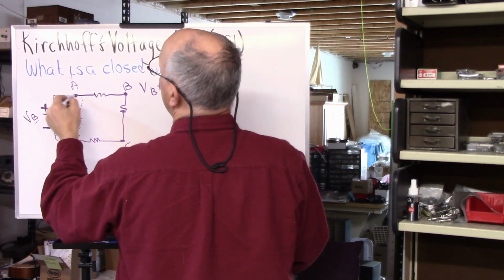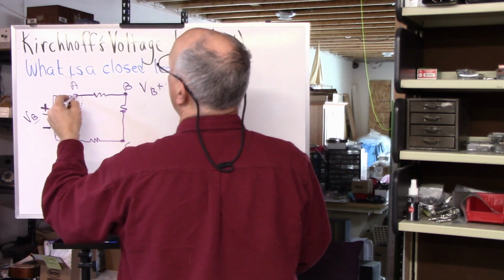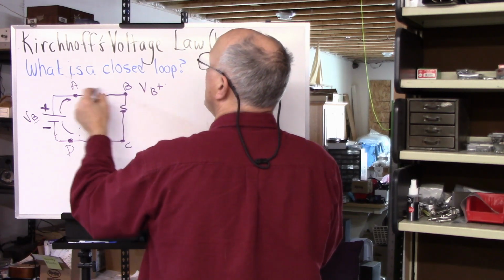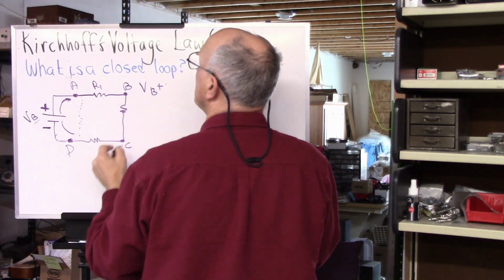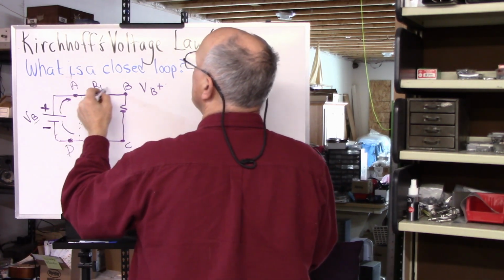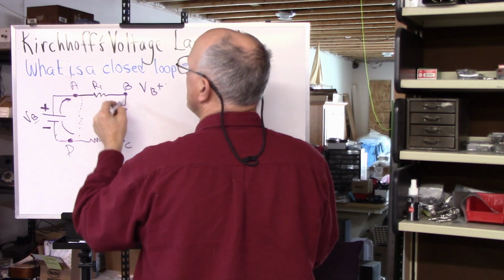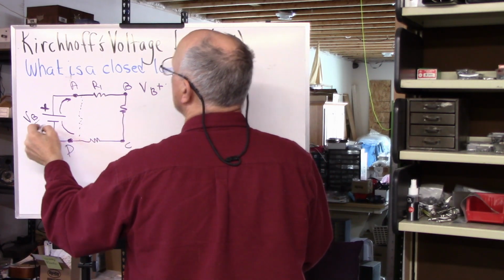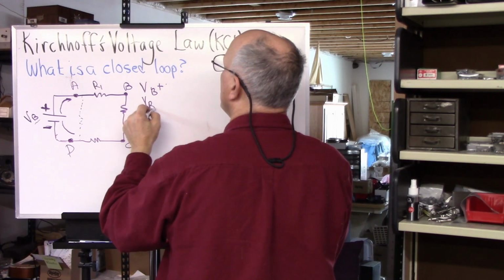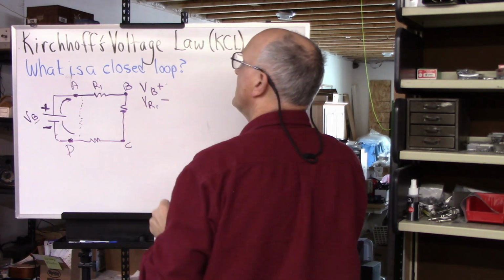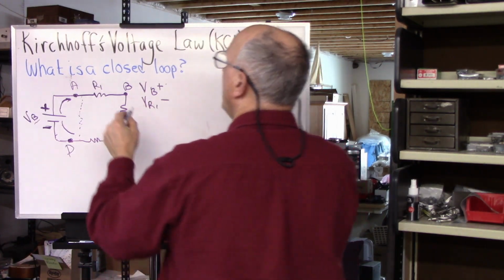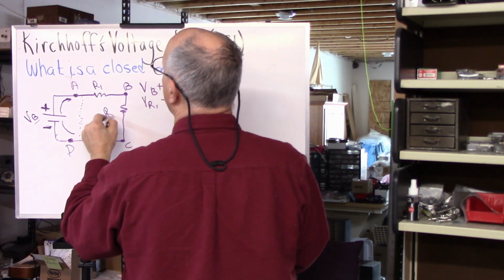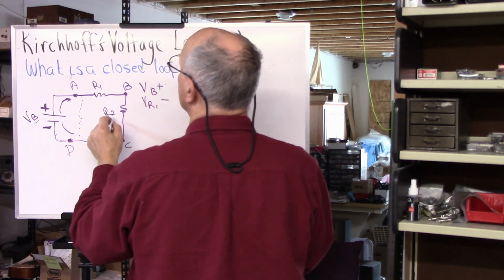As we're going from here, the positive side of the battery, toward B, through R1, the voltage is going to be going down because we're traveling through this toward the negative side. So VR1 is going to have to be negative. And here we are, VR2.